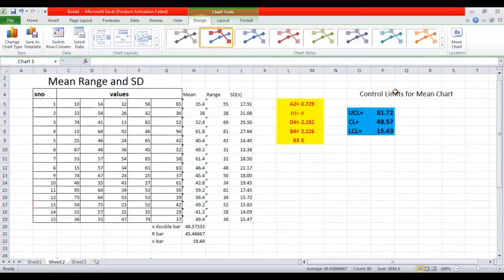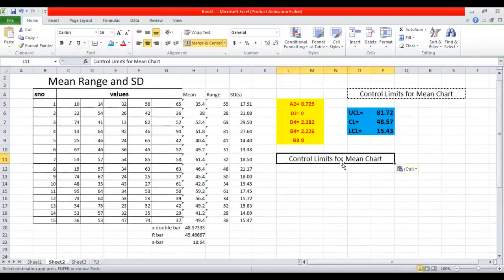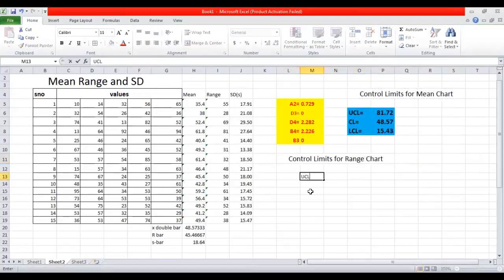How will you find it? First, you find out the control limits for the range chart. What are the control limit formulas? First, UCL, CL and LCL. What is the UCL of the range chart? D4 into R bar.